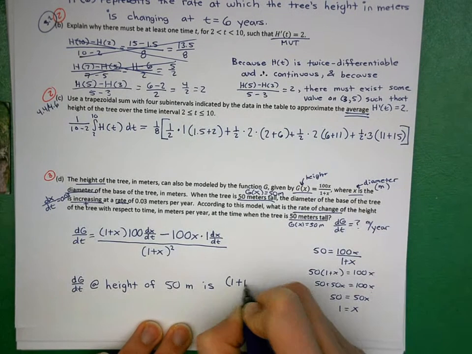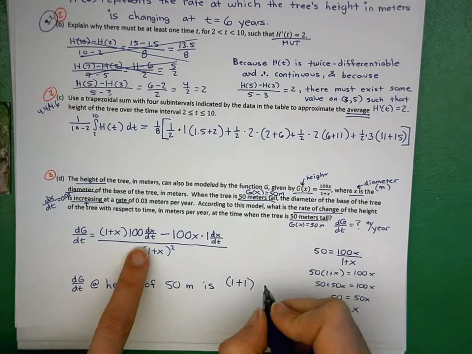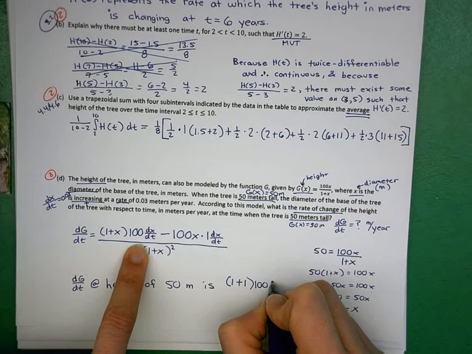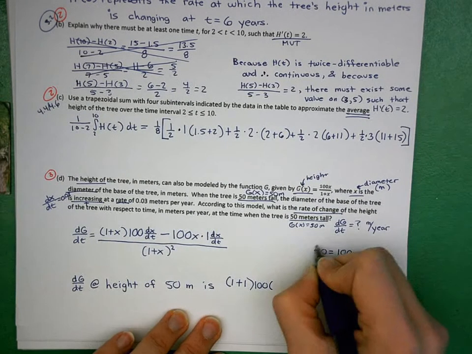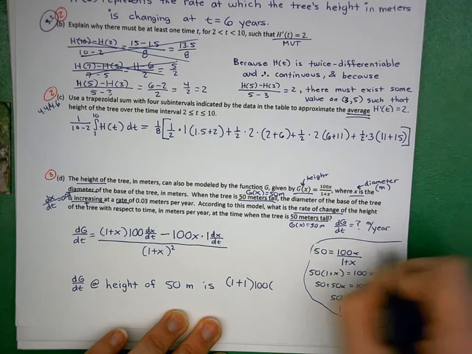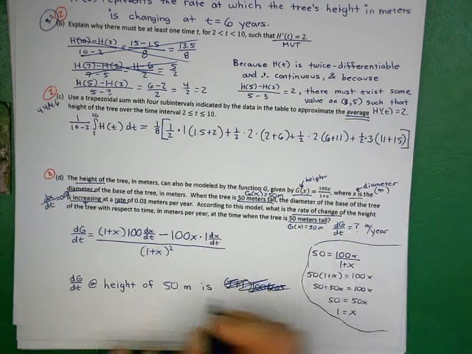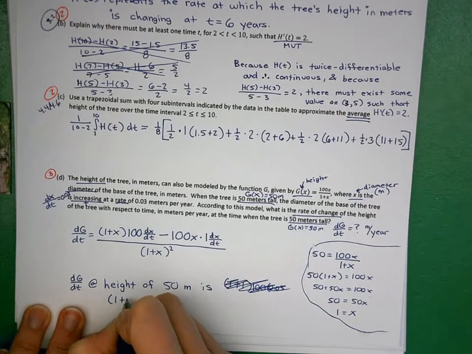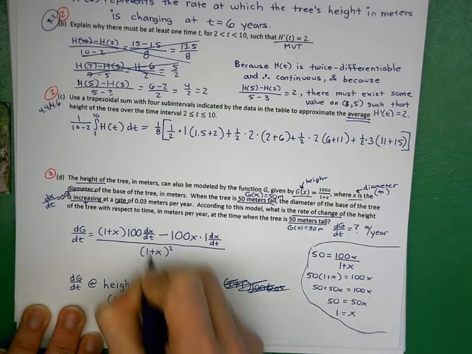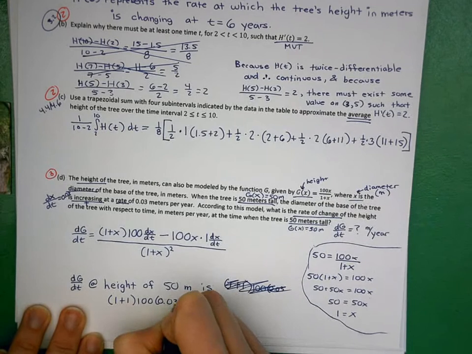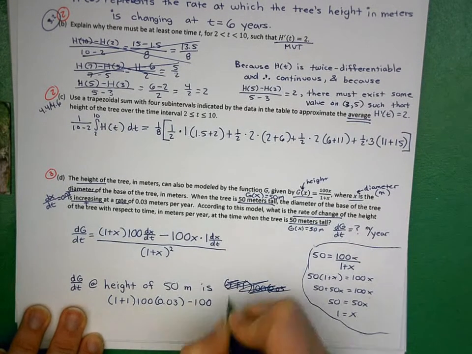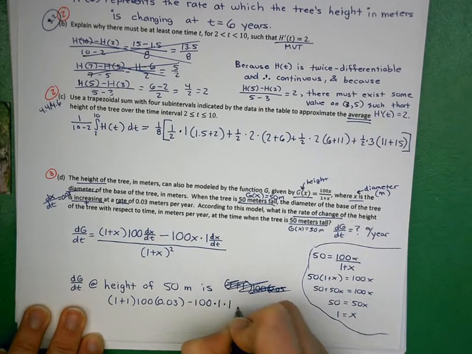And then my 100, my dx/dt, which was 0.03. And actually, I'm going to rewrite this underneath because I'm going to run out of room. 1 plus 1, 100, dx/dt is 0.03. Minus 100, my x is 1. My dx/dt is 0.03.